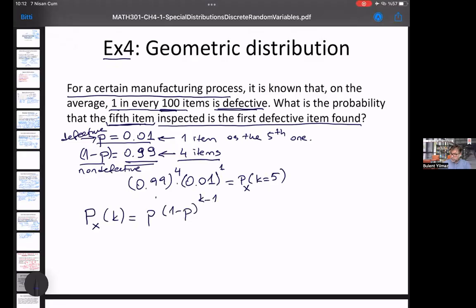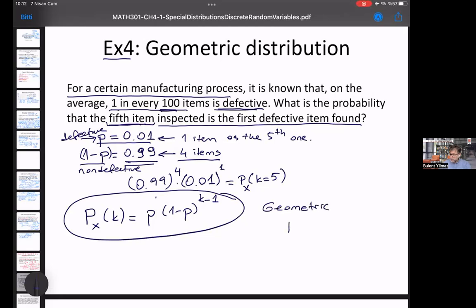This is the probability distribution, the geometric distribution, for different p values: obtaining a defective, obtaining a healthy person, obtaining a female person, with probability p, and I want to find out at which instance this will occur.